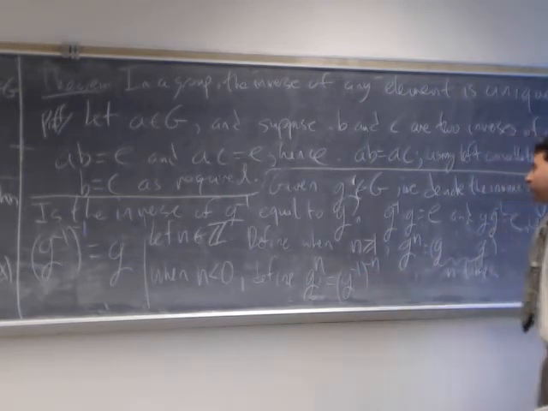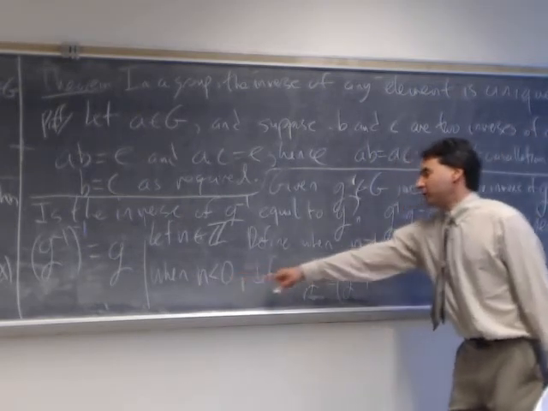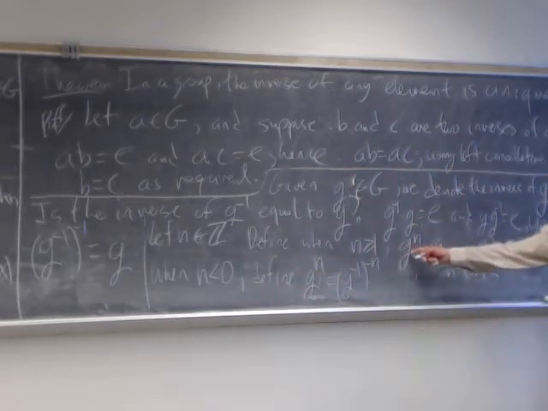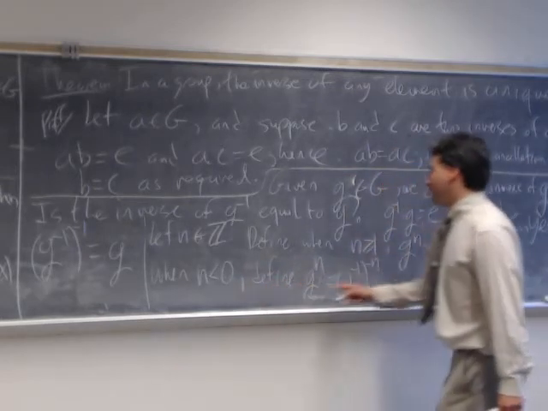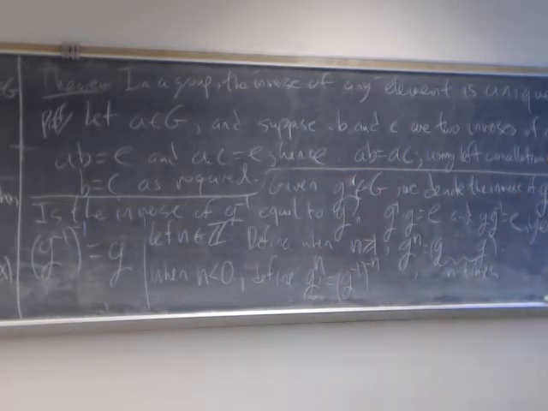G inverse is an element of the group. If n is negative, negative n is positive, and since n is strictly negative, negative n will be greater than or equal to 1. So we use this definition here.